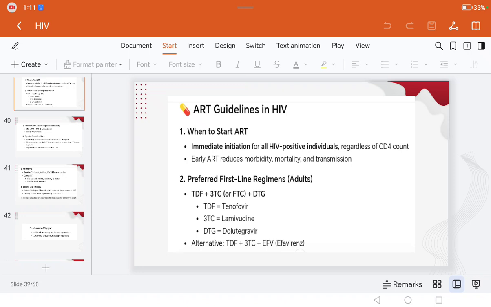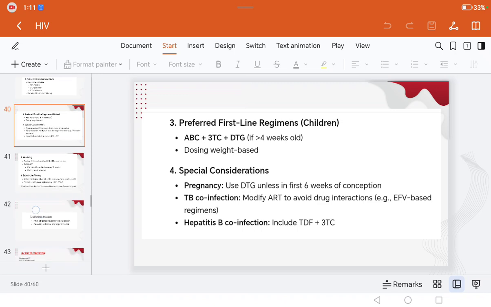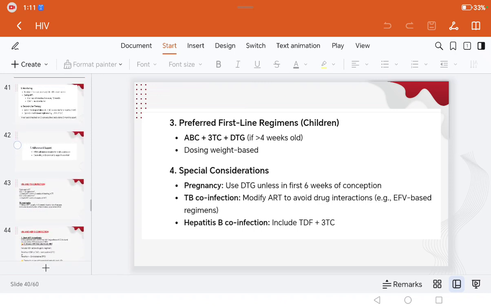Instead of dolutegravir, if it is not available or if there are contraindications or side effects, efavirenz can be given. The first line regimen in children is abacavir, 3TC, and dolutegravir, given after the age of 4 weeks, and the dosing is weight based.